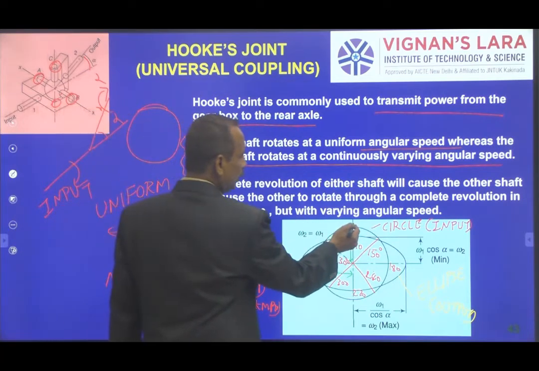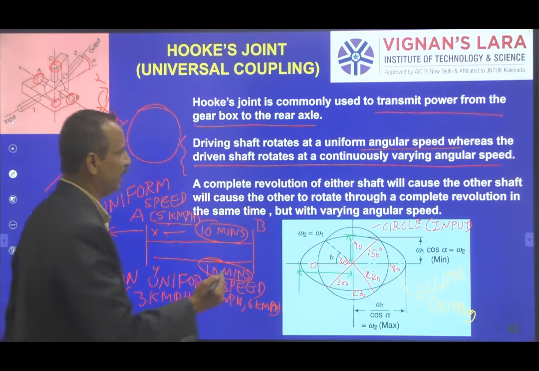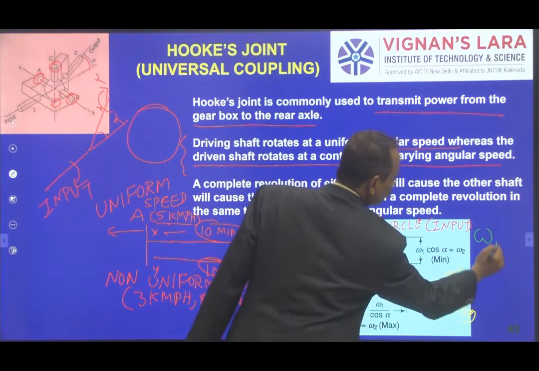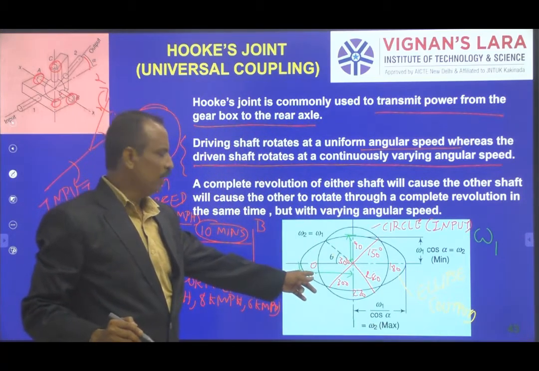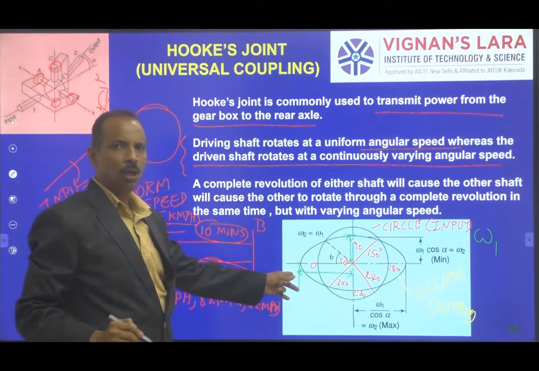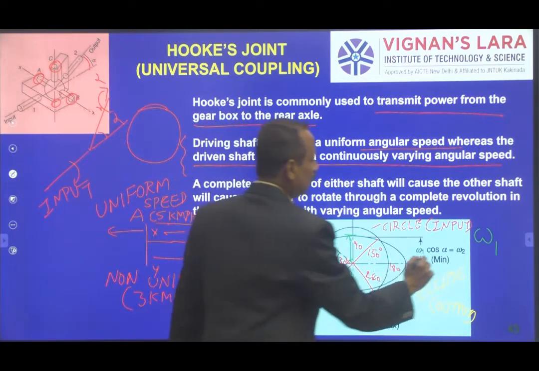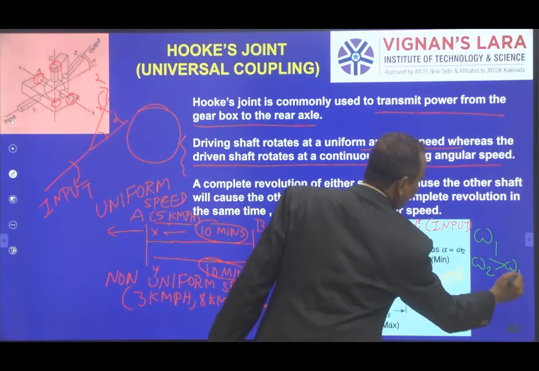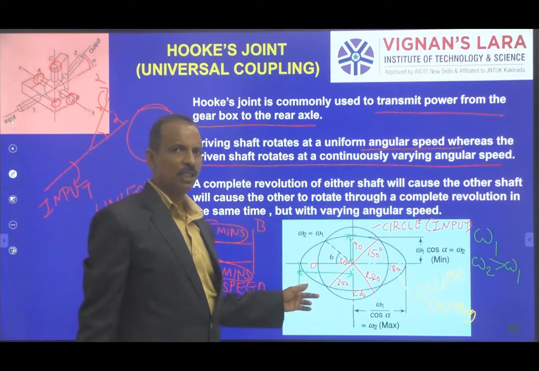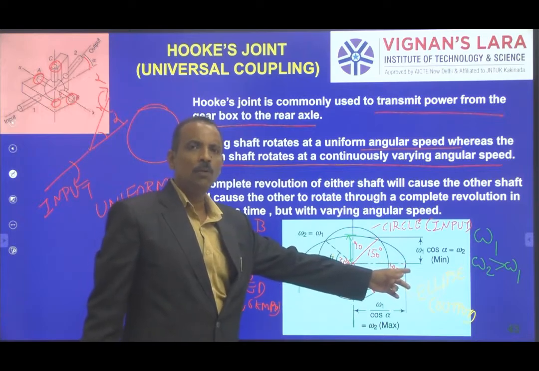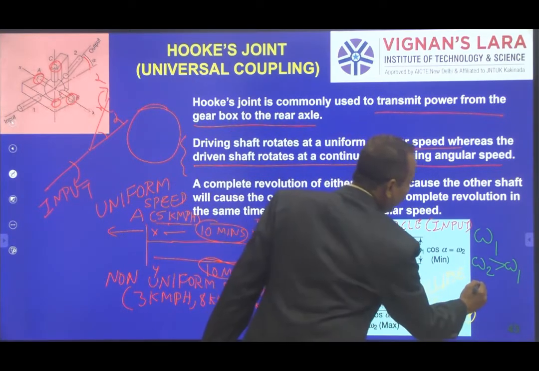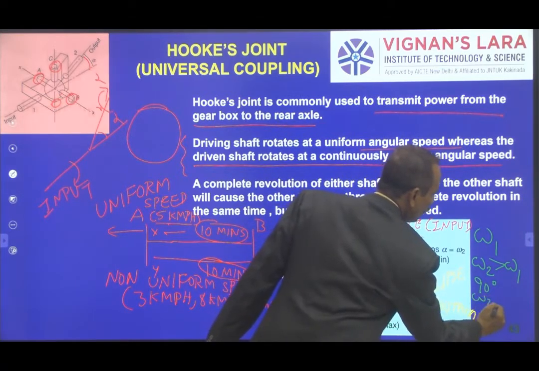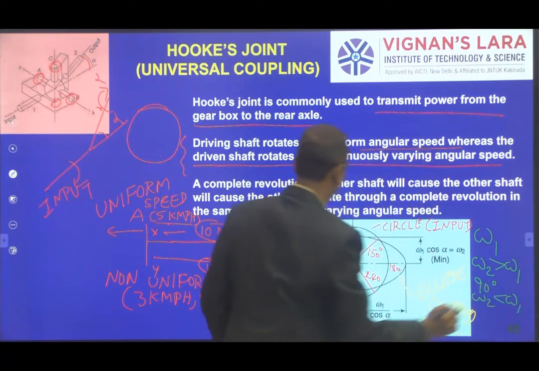If I take the input shaft angular velocity as omega 1, when theta is 0, the output shaft omega 2 is greater than omega 1. The output shaft is rotating with more velocity than the input shaft. Whereas at 90 degrees, omega 2 is less than omega 1. You can observe.